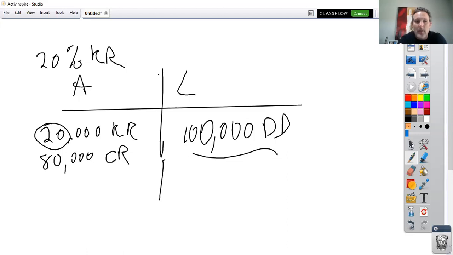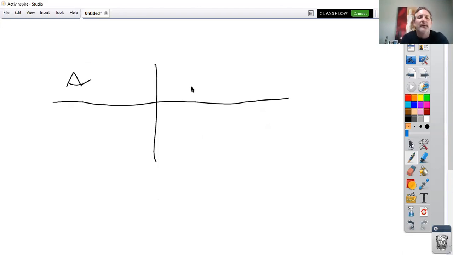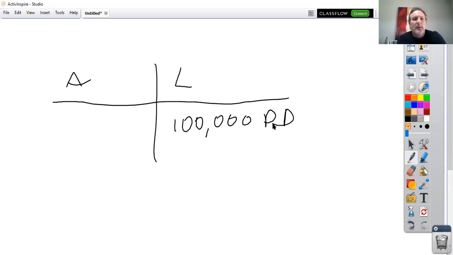I'm trying to think of all the different things they've had in the past. What was it? They had assets, liabilities, making 100,000 demand deposits, and they said 100,000 reserves.